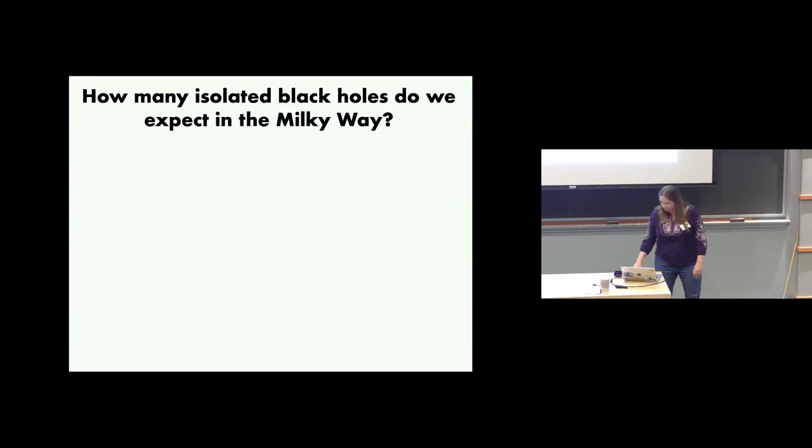So how many isolated black holes do we expect in the Milky Way? I thought I knew the answer coming in, at least a theoretical prediction, and then I got really confused after day 1 and day 2 with all the talk of triples and how many systems could stay together for longer than we anticipate.